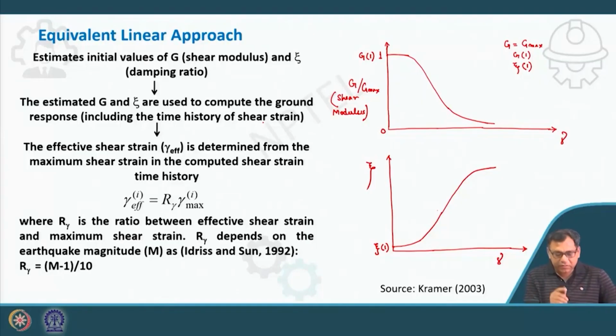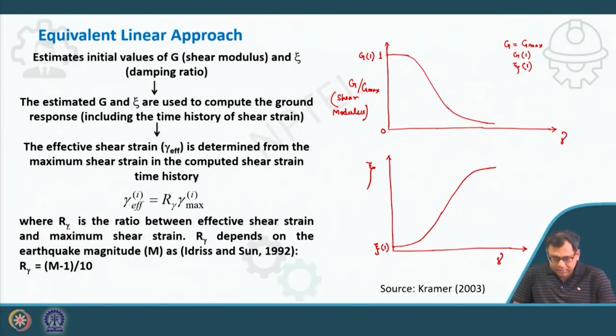How will I get that? I will get the effective shear strain from the computed shear strain time history: we identify the maximum strain, and from that maximum strain we get the effective strain. So this effective shear strain will be R strain times that maximum strain. That is for the first trial. Where R strain is the ratio between the effective shear strain and the maximum shear strain.